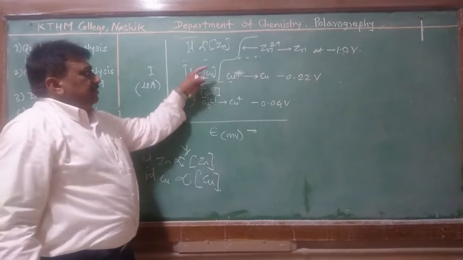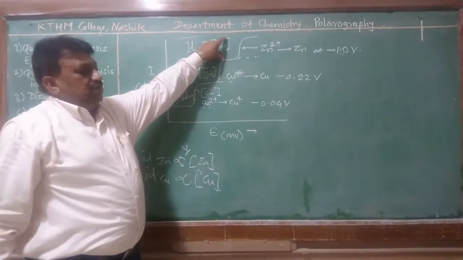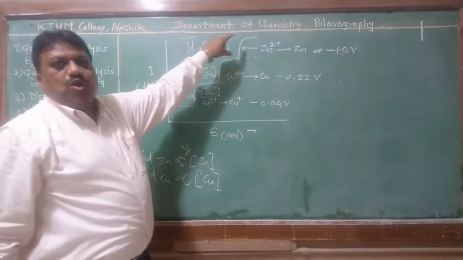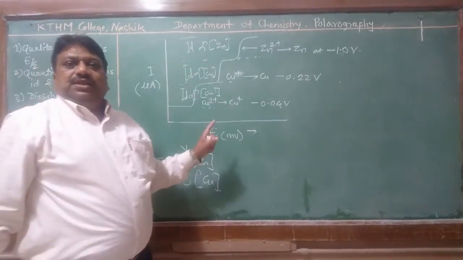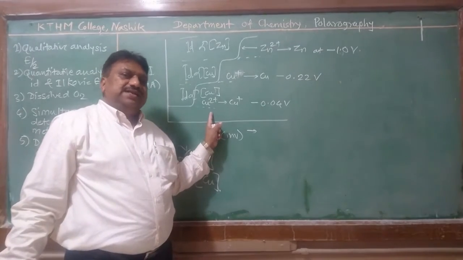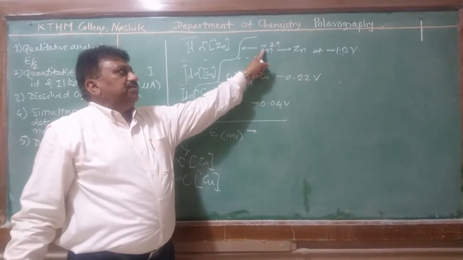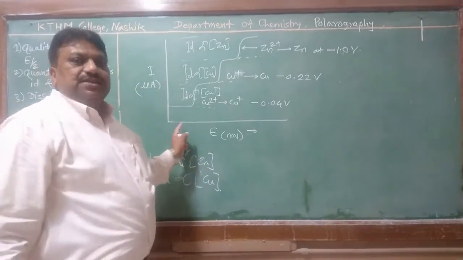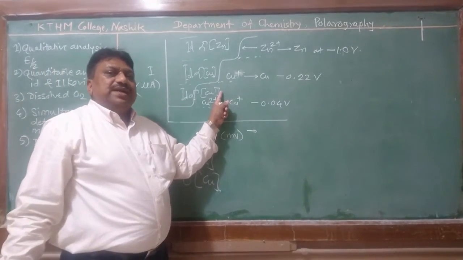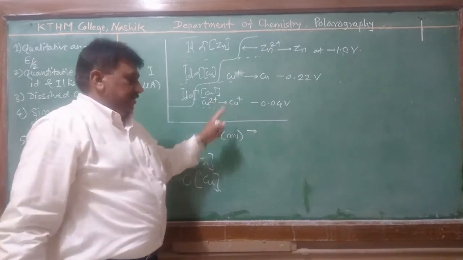In this way, diffusion current is measured for quantitative determination of copper and zinc in a brass sample, and a single analysis is sufficient to determine zinc and copper. Therefore, this is the best method for determination of copper and zinc in brass alloy.